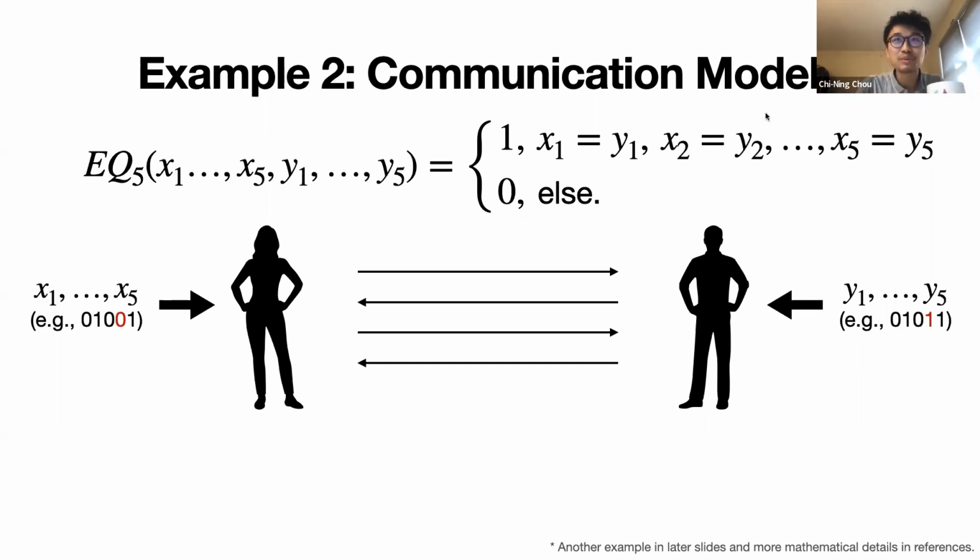Take a moment to look at the mathematical description to make sure you understand the function. In this setting, the trivial way is for Alice to send all the bits to Bob, and Bob checks whether they match his input. But the question now becomes: can you do much better than that? Can you use less than 5 bits of communication?